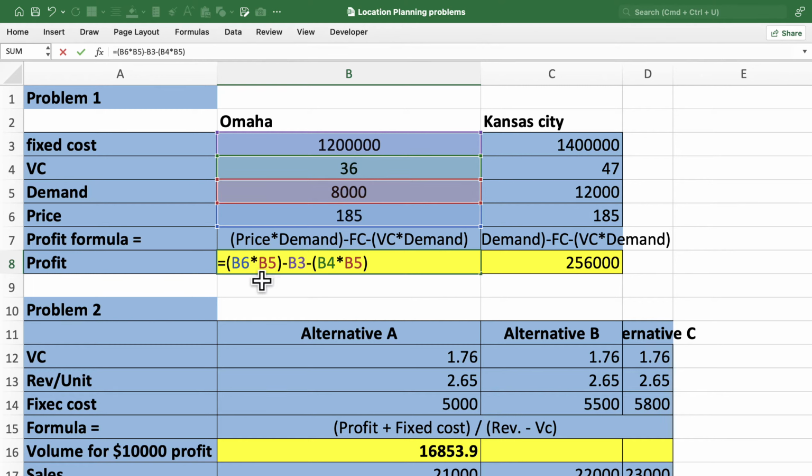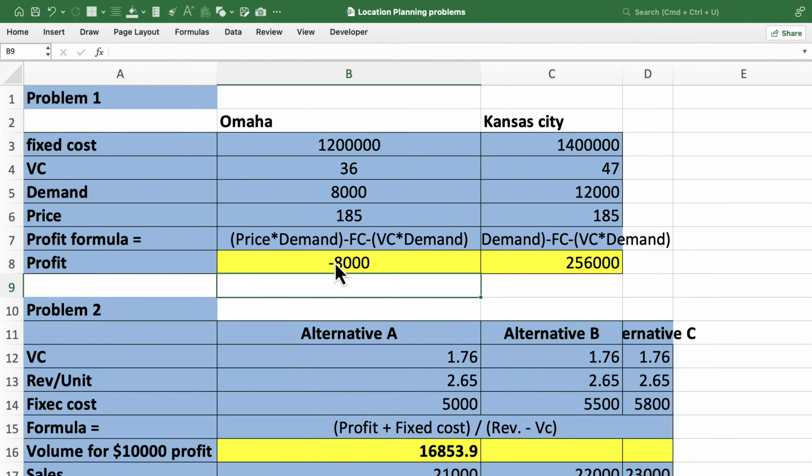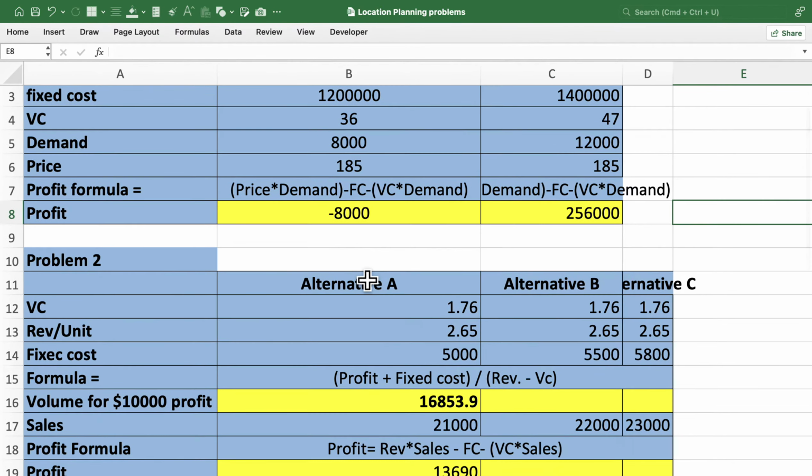So that becomes our formula, and if I hit enter, that gives us negative $8,000, which means there's a loss of $8,000. If you use the same approach for Kansas City, you will find that it gives a profit of $256,000.